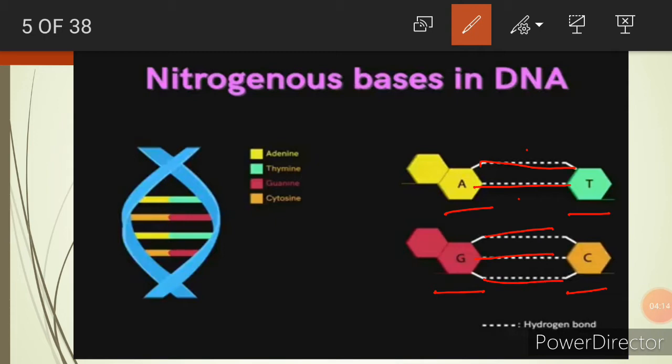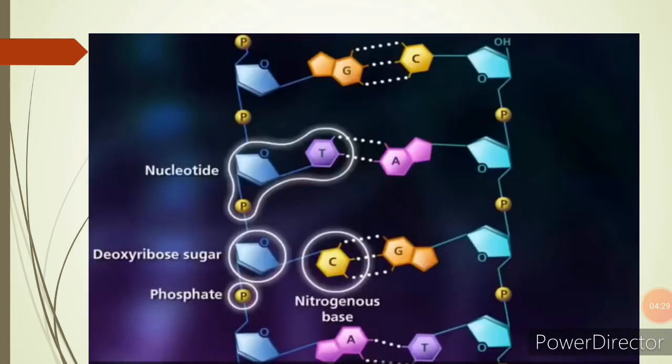Now, did you know that one unit consisting of a deoxyribose molecule, one nitrogenous base and a phosphate group is called a nucleotide? Let's see in this diagram.